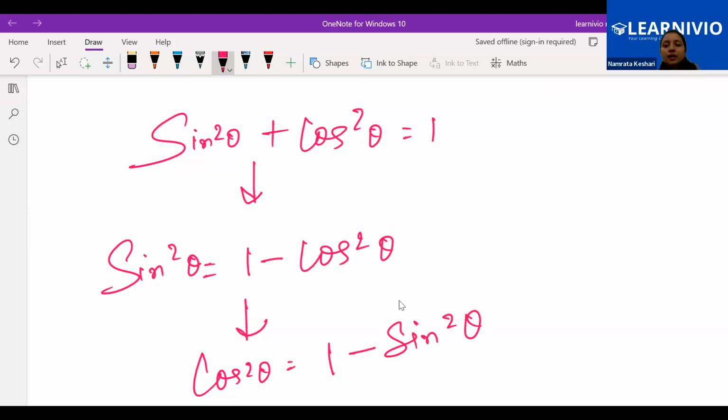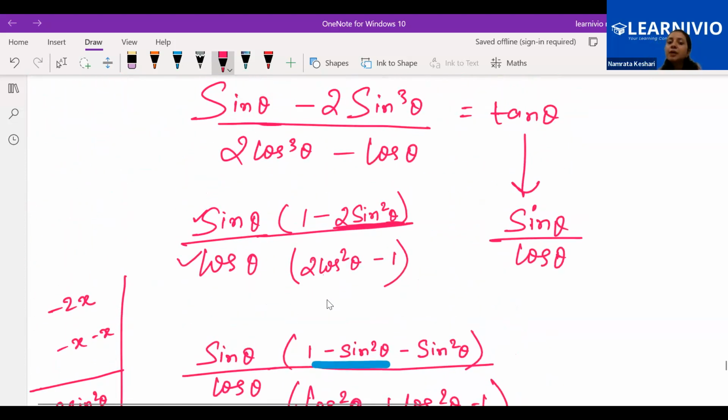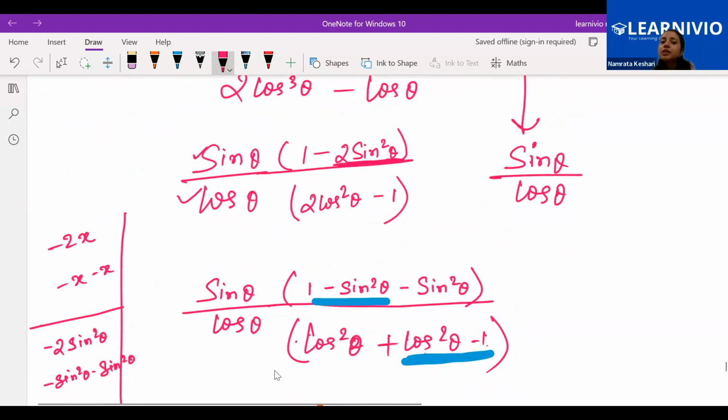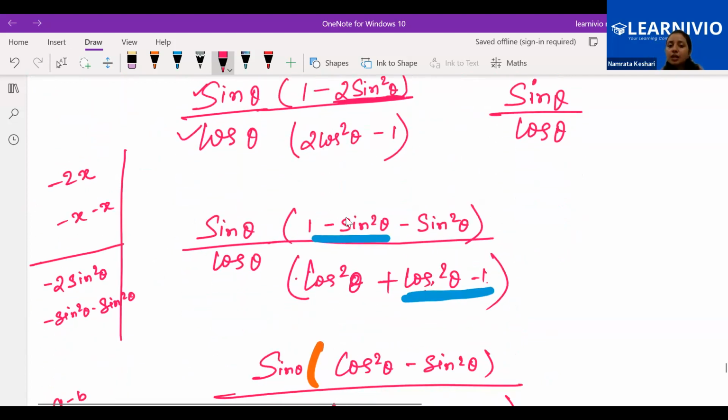So this formula we are having in hand already. We are trying to use it over here. 1 minus 2 sine square is there. We are trying to create 1 minus sine square. We did so. In the denominator also 2 cos square is there, so we have written cos square plus cos square. In the numerator we found that now we can use the formula 1 minus sine square is cos square.